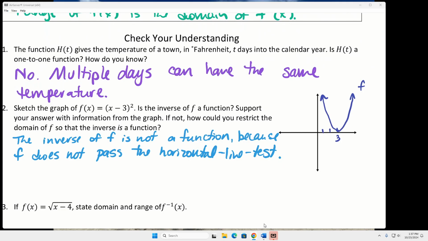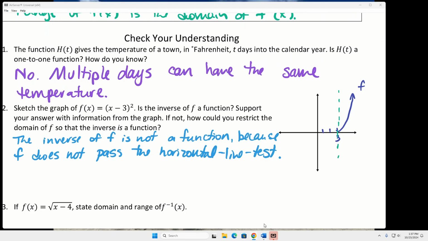Alright, and then if not, which is not, how can you restrict the domain of f so that the inverse is a function? So can we cut off part of this graph so it is 1 to 1, where it would pass? We could. So right down the middle of this graph is when x is 3. So if I just cut off half of it, then it does pass the horizontal line test.